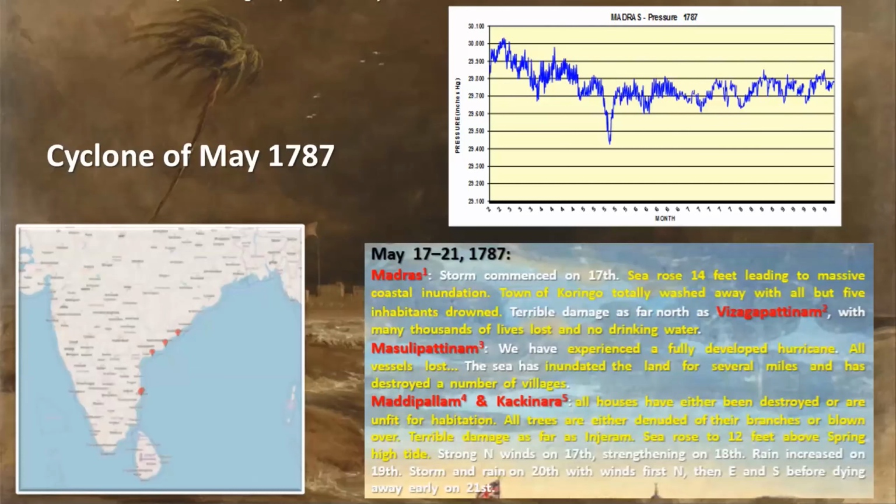So we had a trace on the top right, in blue, of the pressure data for about 5 or 6 months in that year. And you can see there's a particular dip, a low value in the trace, around about May. And what we wondered was, is this really a cyclone or not? Can we quantify it a bit better or get some more information to see if it's true?